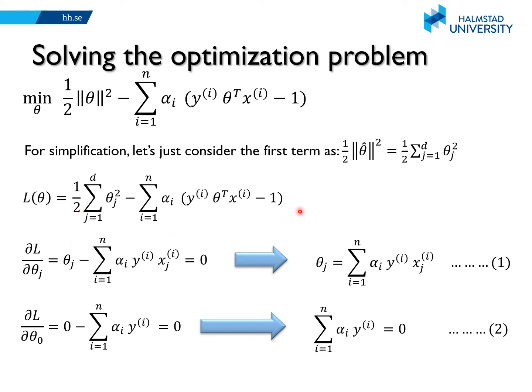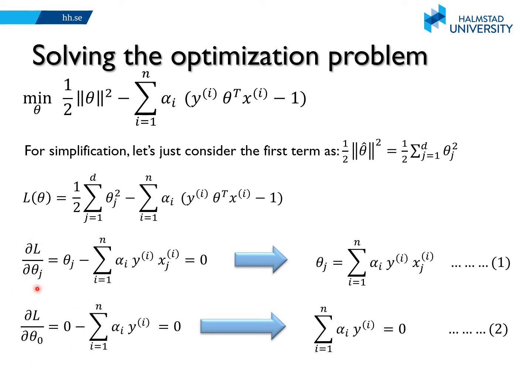And to minimize this cost function, we need to compute the derivative with respect to each parameter theta j, and then put this derivative equal to 0 and solve for theta j, right? So the derivative of this function with respect to theta j is given here, and the derivative with respect to theta 0 is given here. So please stop the video if you want to check this for yourself.